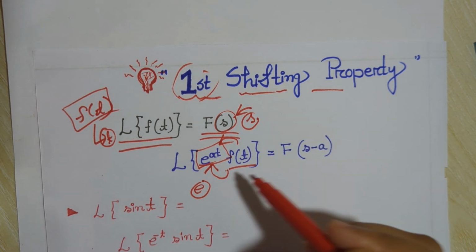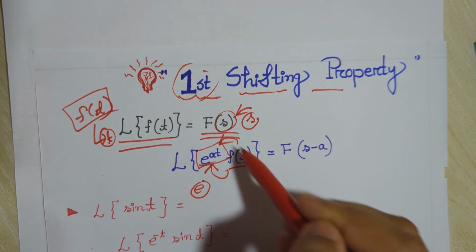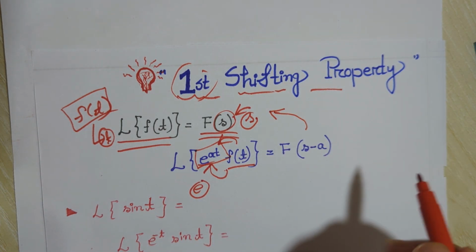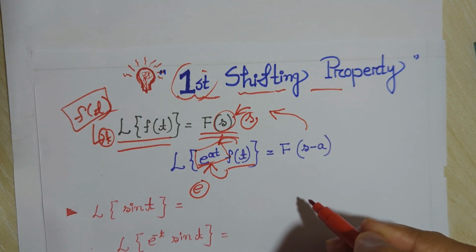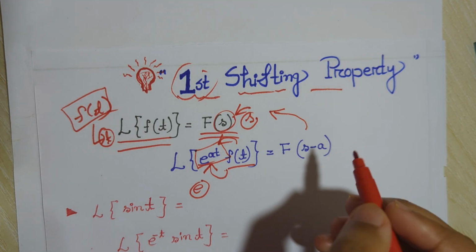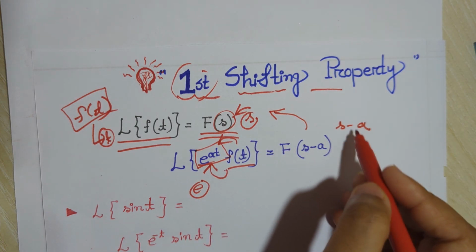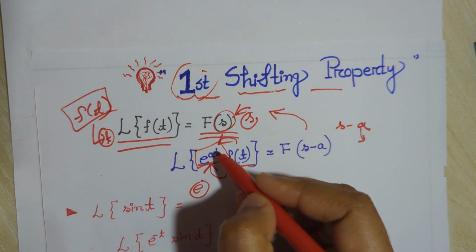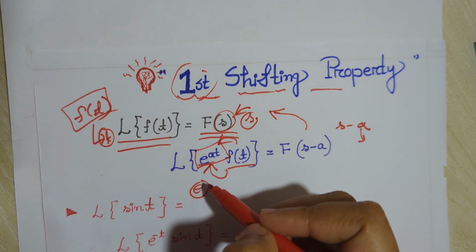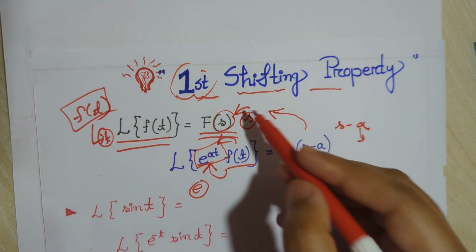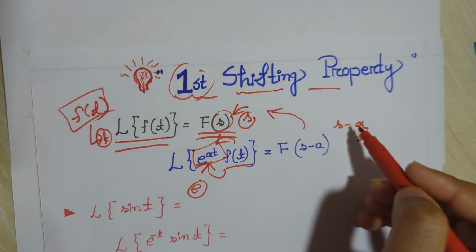It says that the answer will be the same as our previous function, but with a small difference. What is the difference? We just use s minus a instead of s. What is this a? This a is the constant term which is multiplied with t in the exponential function. So we just replace s with s minus a.